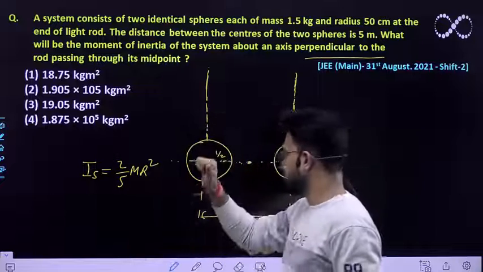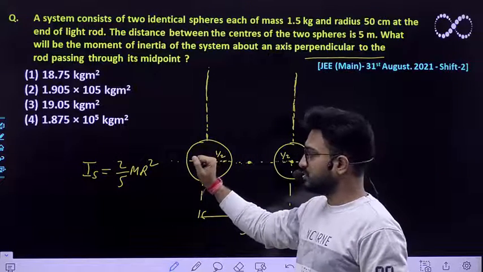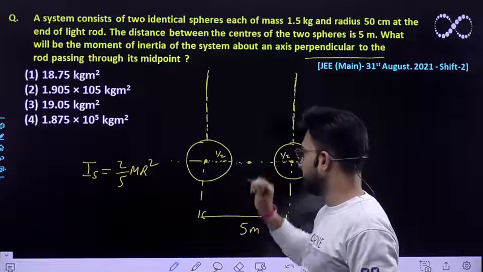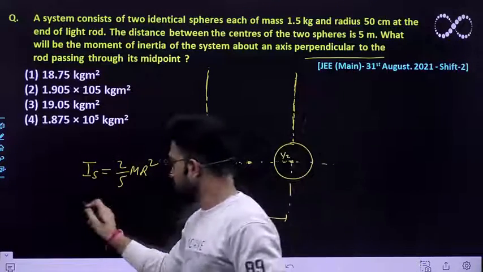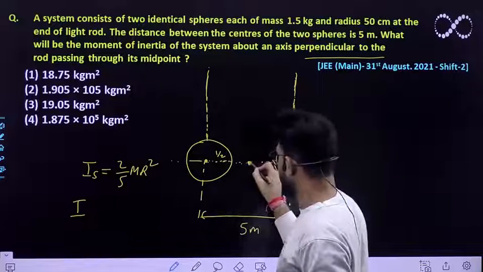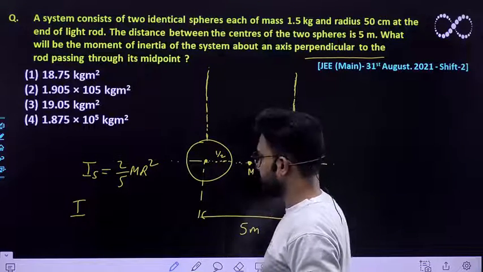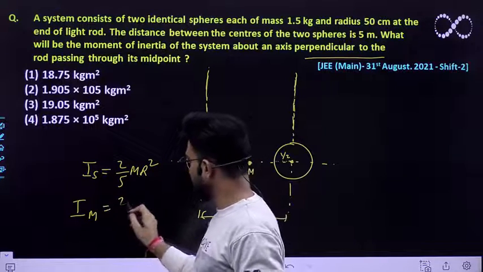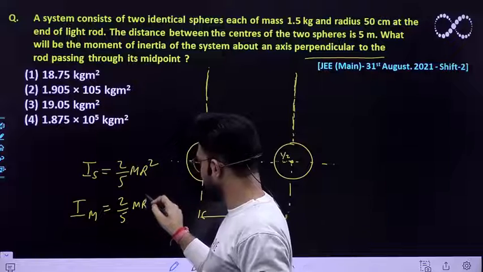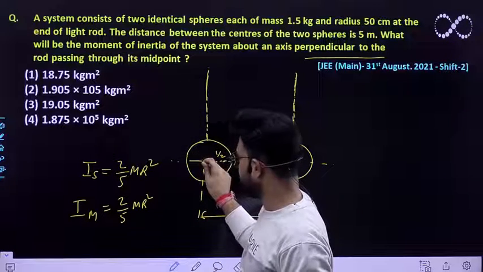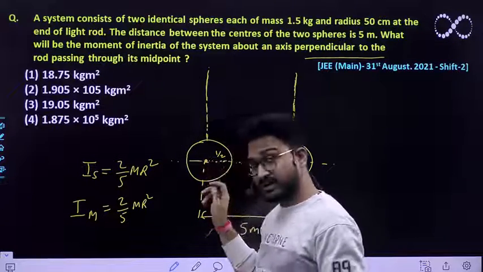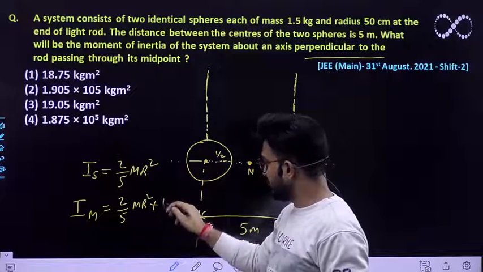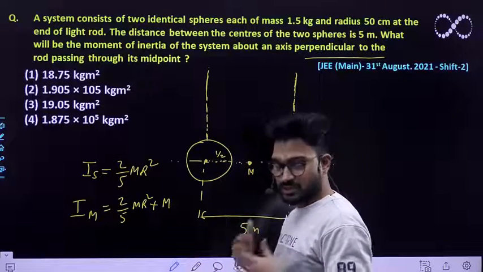So at this particular point, let it be midpoint M, because of a single sphere, it would be 2 by 5 mr square, which is moment of inertia at the center of mass, plus m times the perpendicular distance whole square.